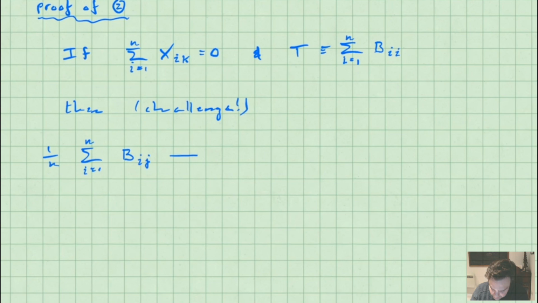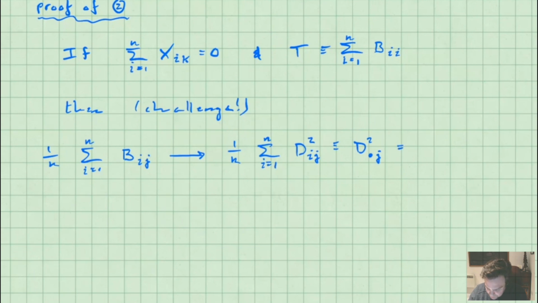If I do that sum, then what I'll find is 1 over n times the sum over I equals 1 to n dij squared is equal to, and I'm just going to define a symbol, d dot j, where the dot means you're summing over that.